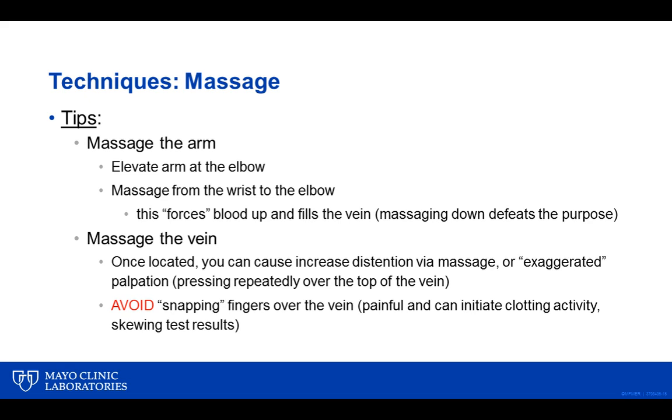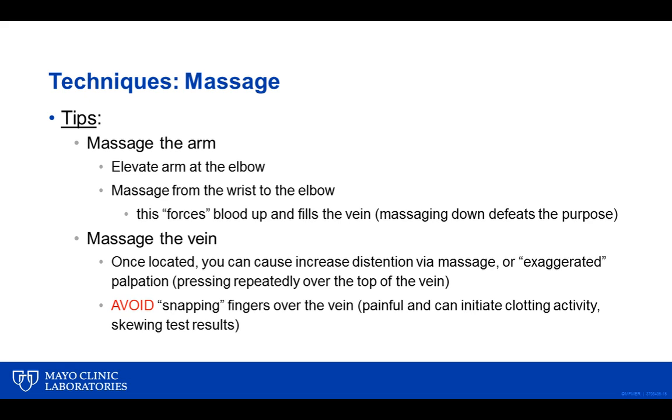So if you want to look in the antecubital area, then you're going to be massaging with the emphasis on the underside of the arm, using your thumbs and pushing. What you're literally doing is forcing blood back up into, say, the median cubital vessel in the antecube.